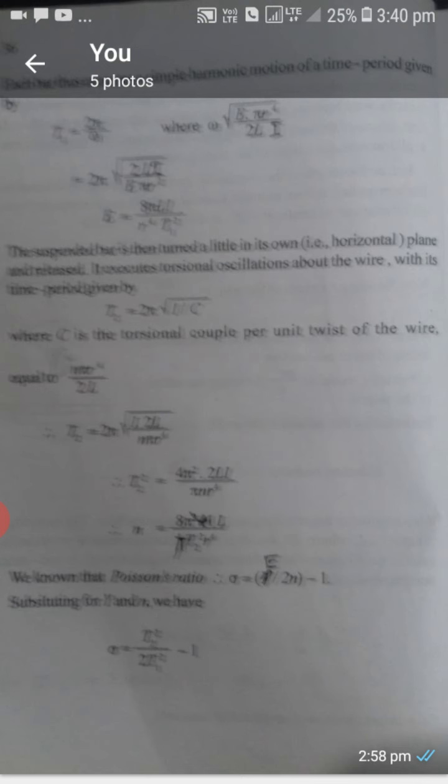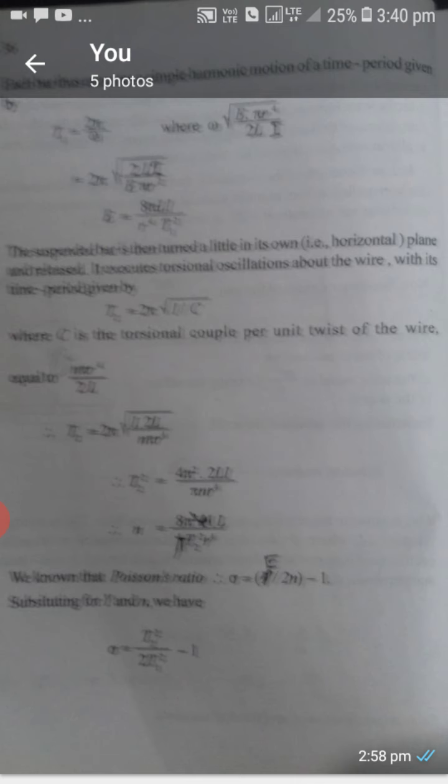Root of E into pi r power 4 by 2L into I. Therefore substitute the value for omega, that is 2 pi into root of 2L into I divided by E into pi r power 4. From this you find E, Young's modulus.